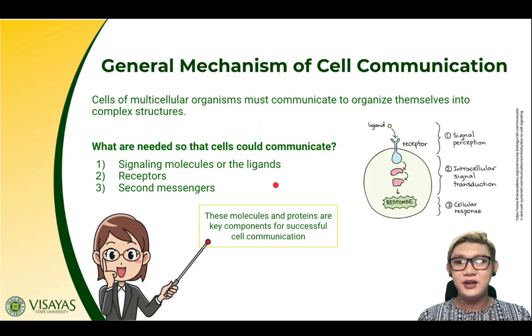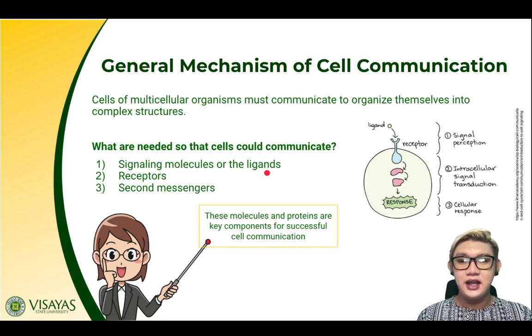Now, when cells communicate, what is needed so that the cells can communicate? There needs to be a signaling molecule sent by the cell that sends the signal. So the message will be carried through these signaling molecules, which are what we call the ligands.